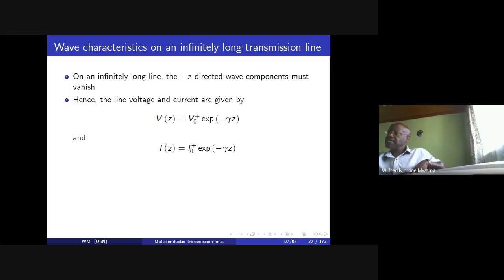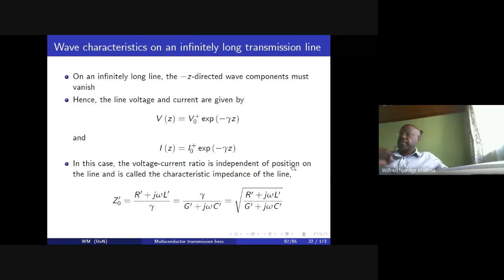But when the line is infinitely long, and when we shall see that we can terminate a short line in a special way such that the reflection is removed, just like when we were having the reflection-free kind of transmission of fields, by just setting the angle of incidence at the Brewster angle, so to speak, we could get total transmission. So we shall see that even for the lines themselves, this is usually the case.